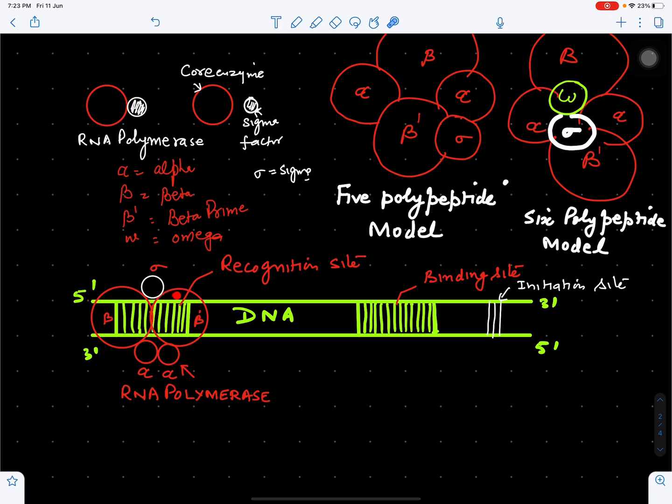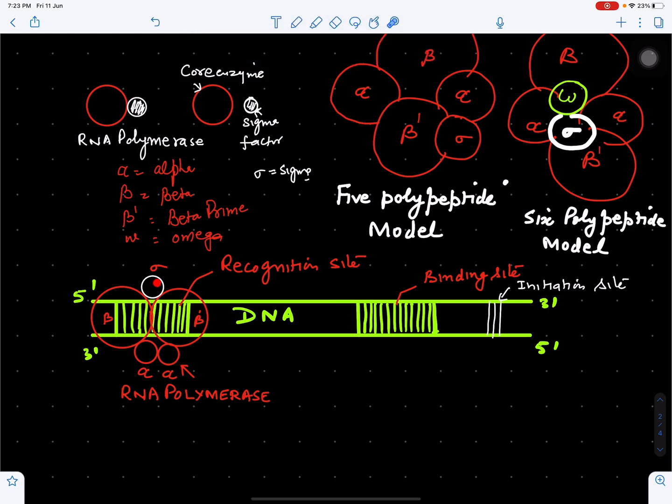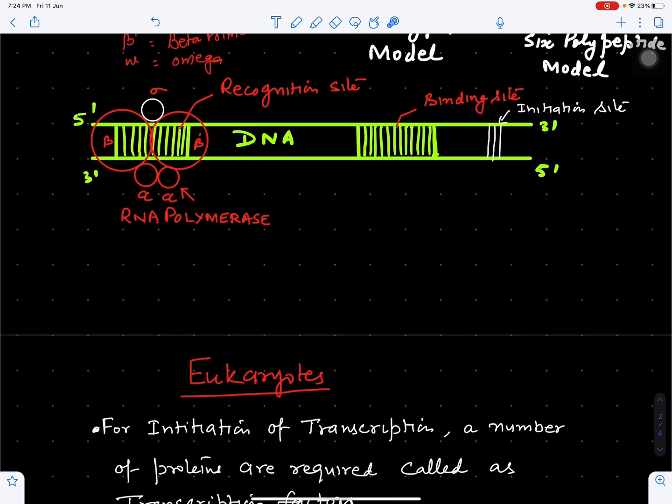Here is the promoter region on the DNA, which this RNA polymerase will recognize and bind to. This is the 5 polypeptide chain model with the sigma factor. This is the binding site, and this is the initiation site from where RNA transcription will start.